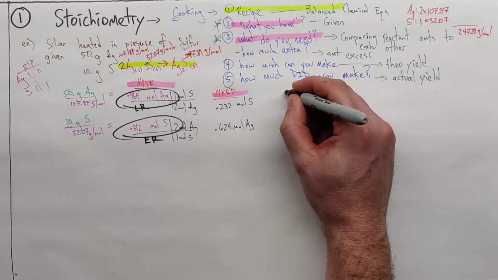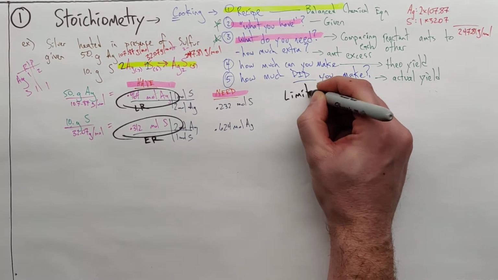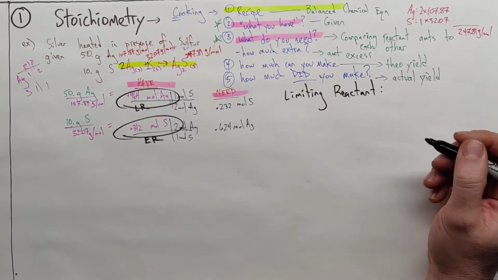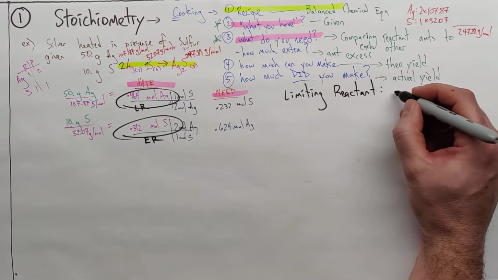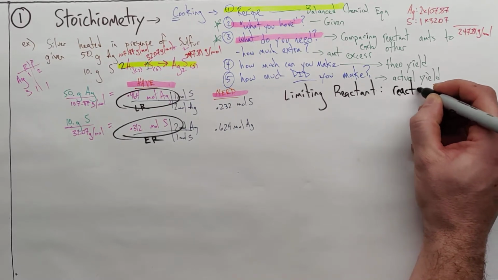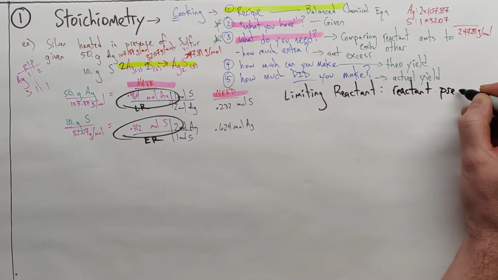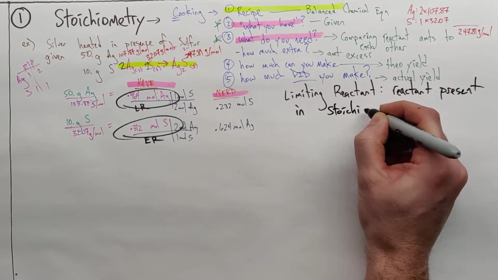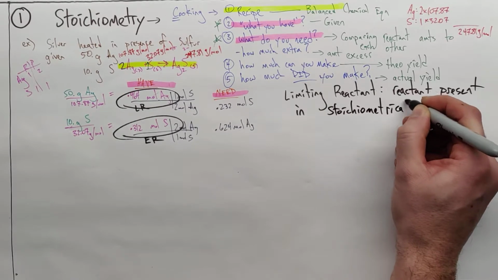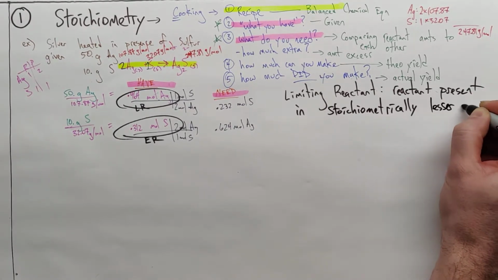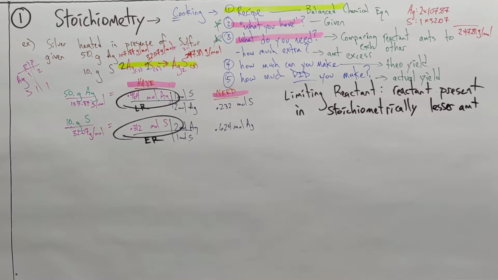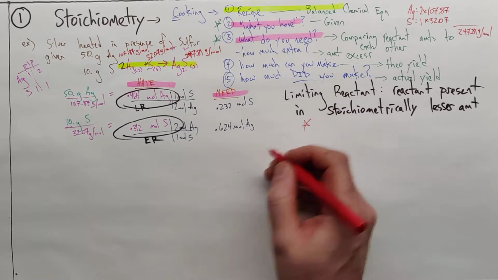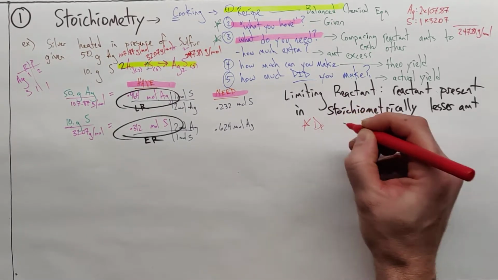As a quick reminder of our definitions here, we have the limiting reactant. That is the reactant present in stoichiometrically lesser amount. And the most important part of that is it determines how much product can be formed.